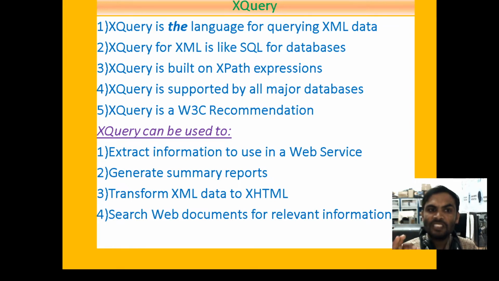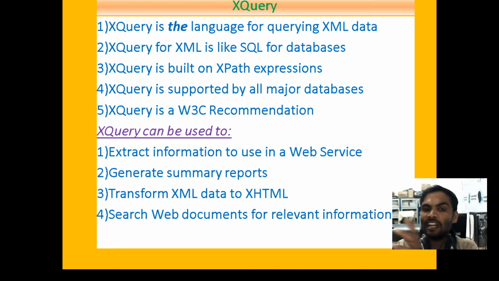The main usage of XQuery under an XML document is that if you want structured-query-language-style operations for the database purpose, you need this language, XQuery. XQuery is built on XPath expressions. Without XPath, we cannot build XQuery.